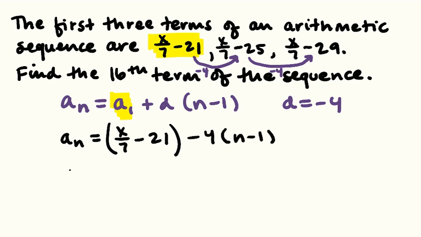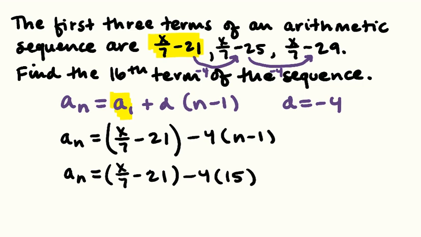And then to get the 16th term, I'm just going to plug in n equals 16. And 16 minus 1 is 15. So I'm going to be subtracting 60 from -21. That'll be -81. Which is one of your answer choices in there.